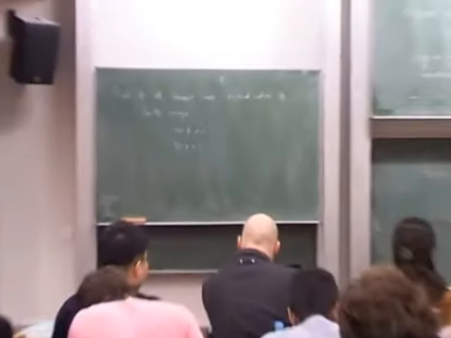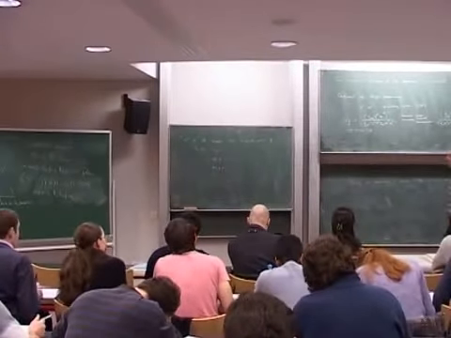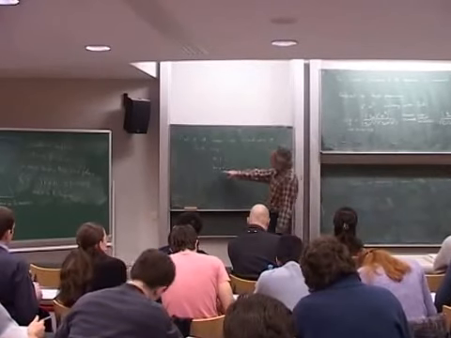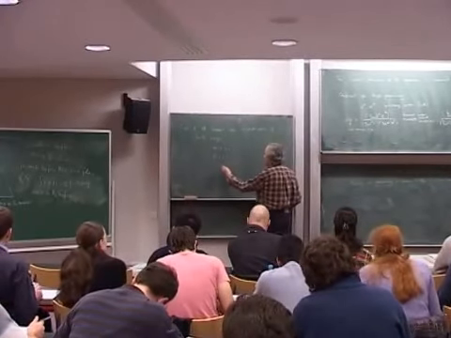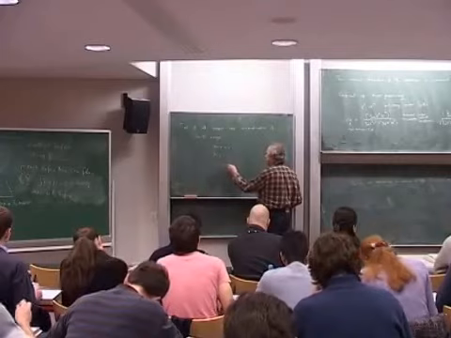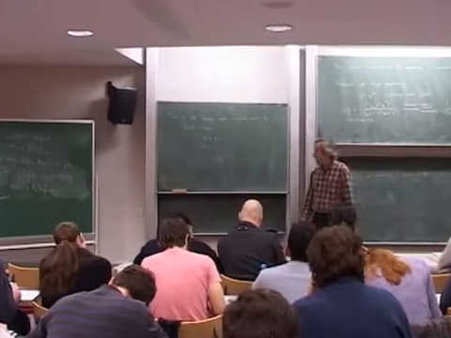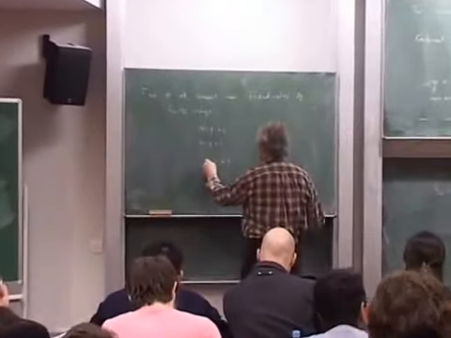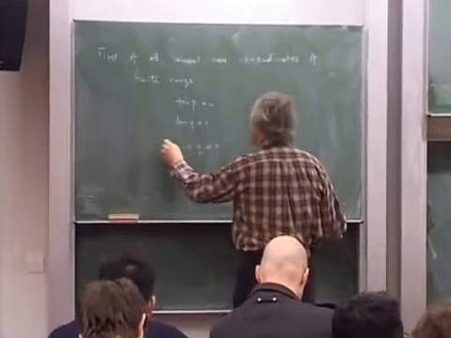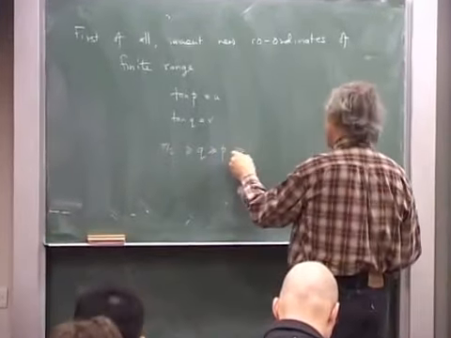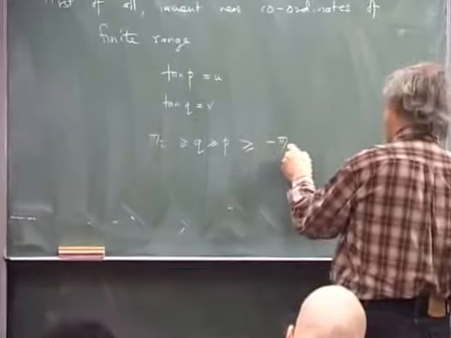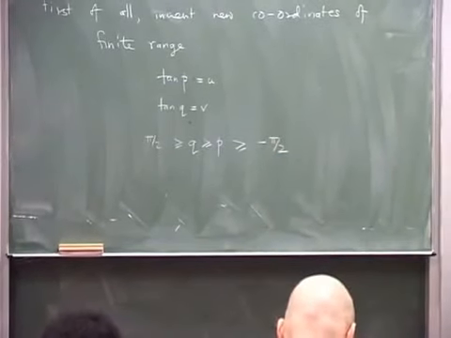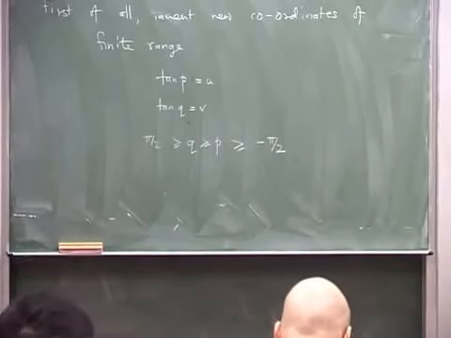Since V is bigger than U, q must be bigger than p, possibly equal to it. And the range of these is π/2 to minus π/2. So we have at least mapped all of Minkowski space into a finite range of coordinates.